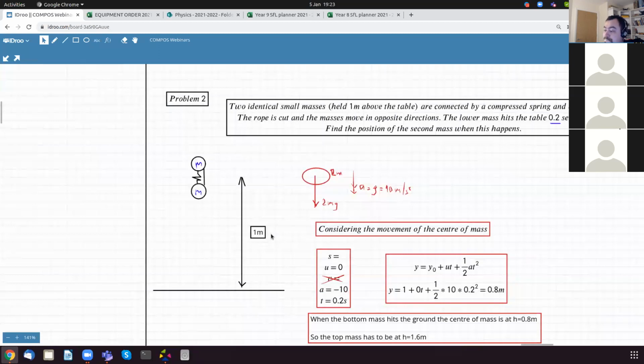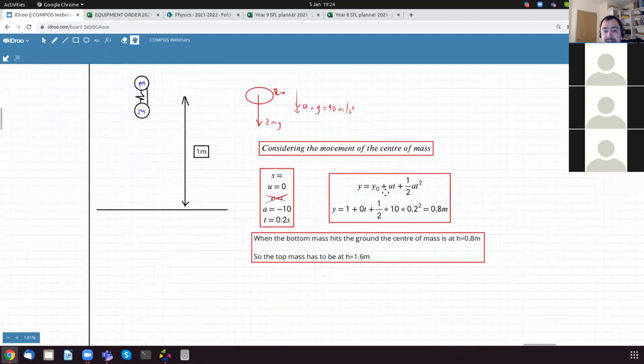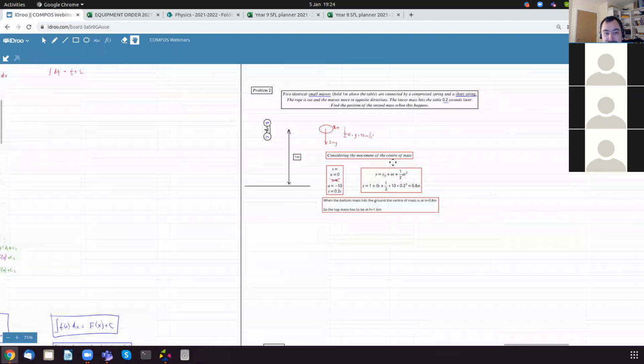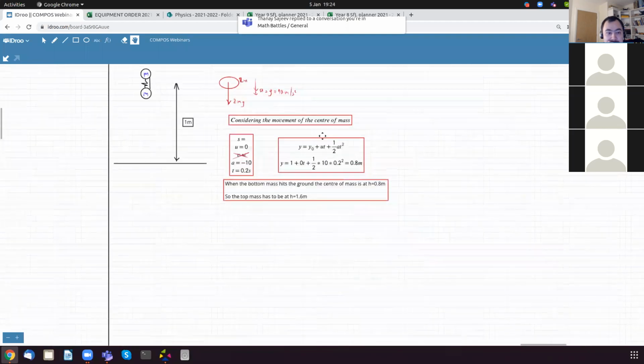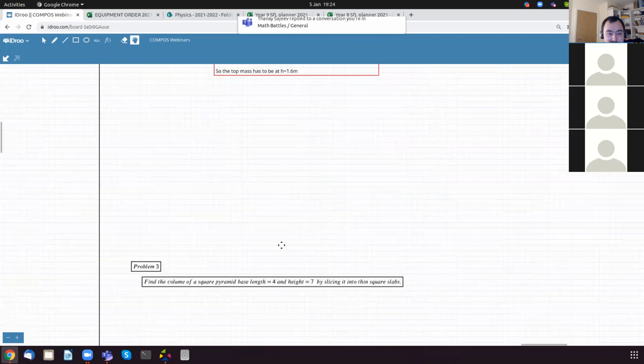Okay. So these words are very important: small masses and short string. So when you are reading a question, do consider those things because they play a big deal. Right. Okay, moving on.